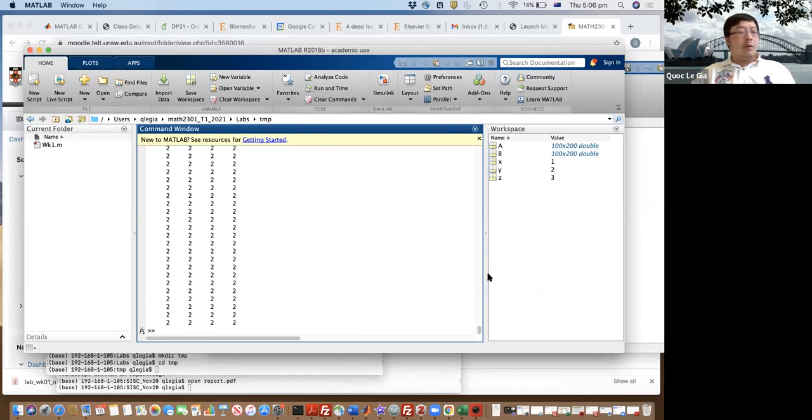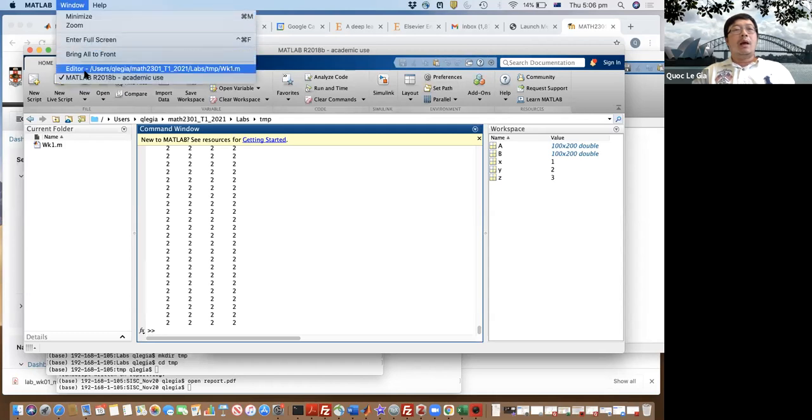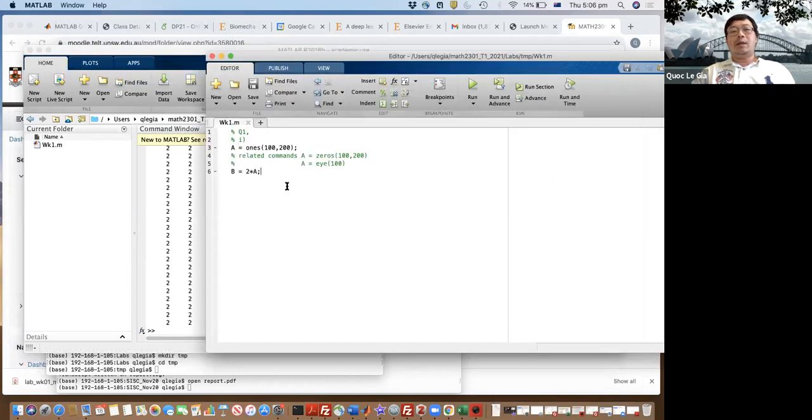And now, how do I do the next question? The next question is the matrix C. So how do I define the matrix C according to the question? So any ideas?